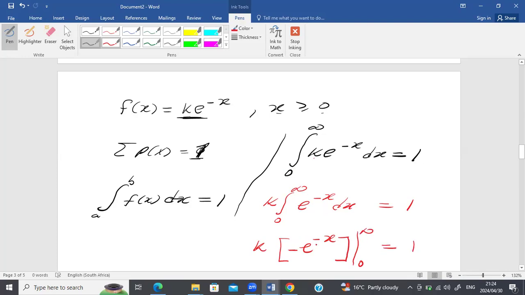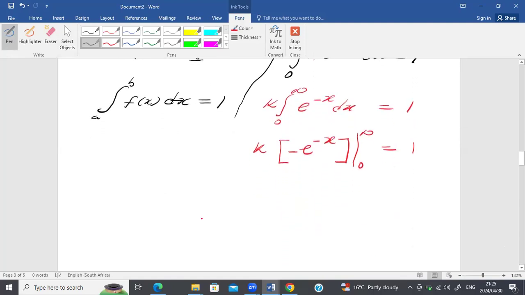Then we can substitute with the limits. This is a definite integral, which we did in your first year. The upper limit is infinity, so where there is x, when we put infinity, we get a very large negative power, and it will give us 0. So we have k, then this will be 0.